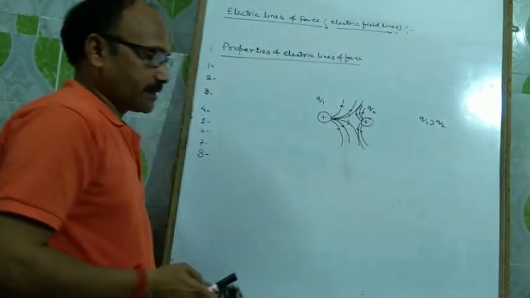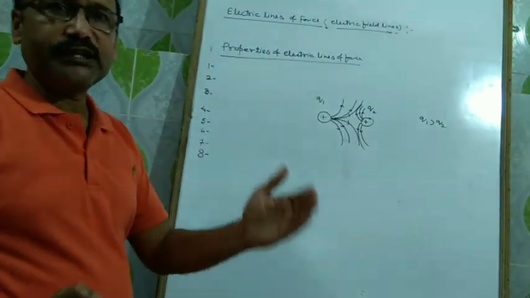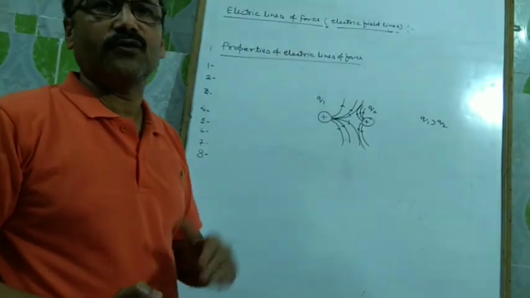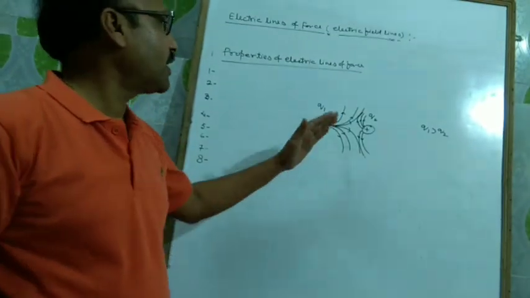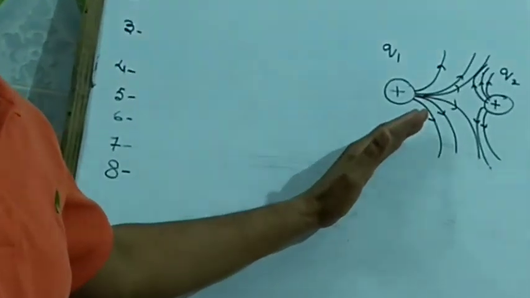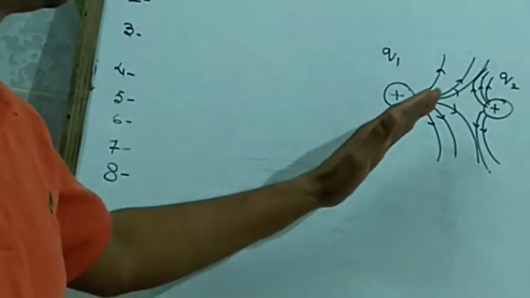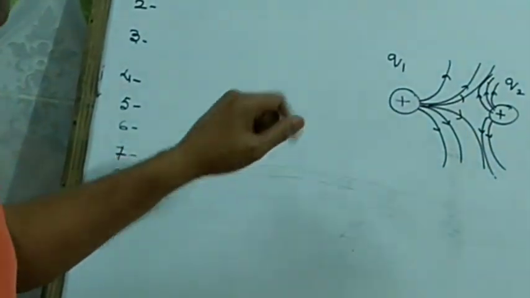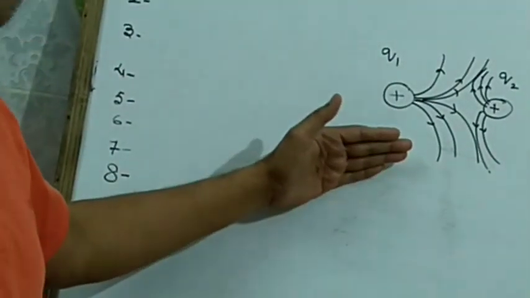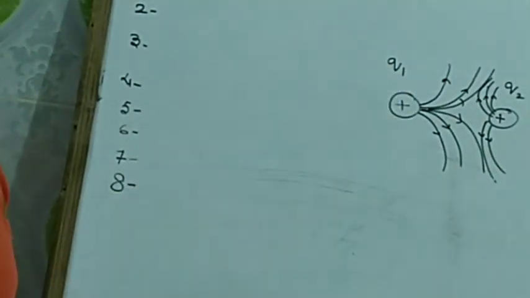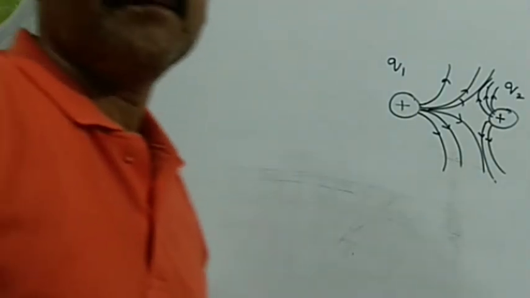Next, the denser or closer electric lines of force produce the strong electric field, and rare electric lines of force tell the weak electric field.